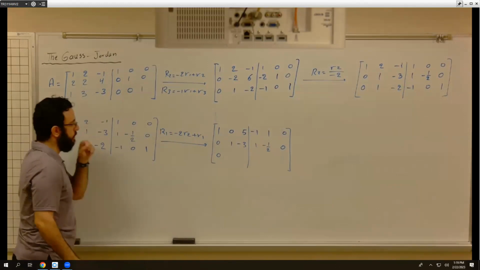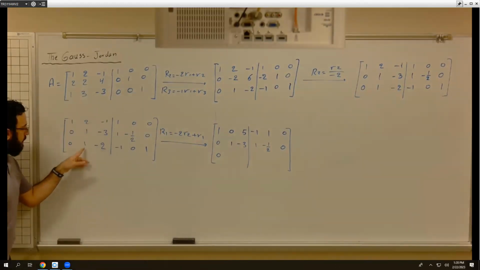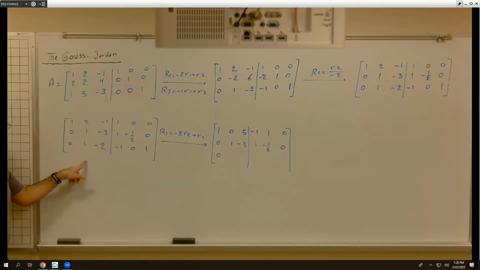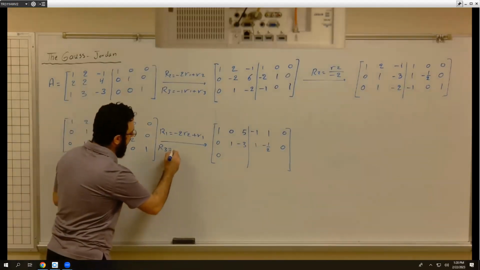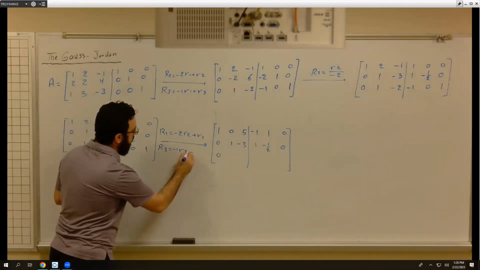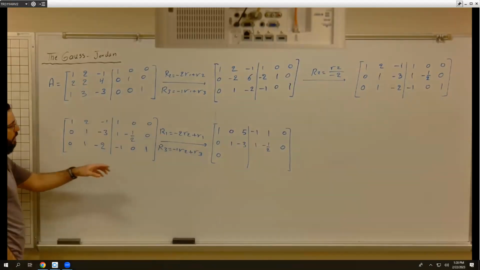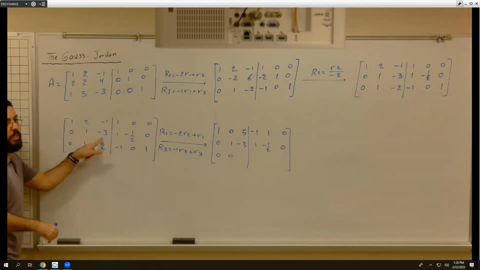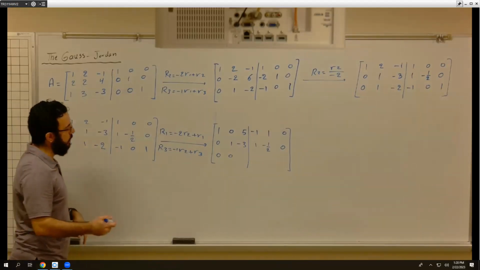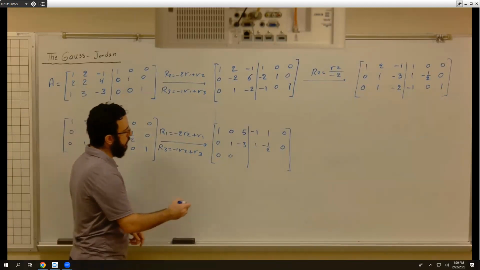Is that okay? Next step, convert the 1 to 0. So I'm going to say R3. I'm going to multiply this one by the opposite sign. So by -1 times R2 plus R3. 1 over the 0. -1 times 1 plus 1 is going to be 0. -1 times -3 is going to be 3. -2. 1.